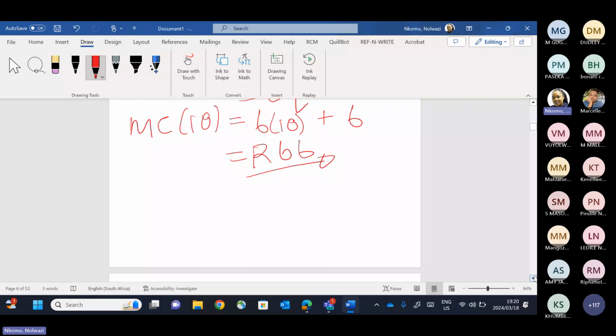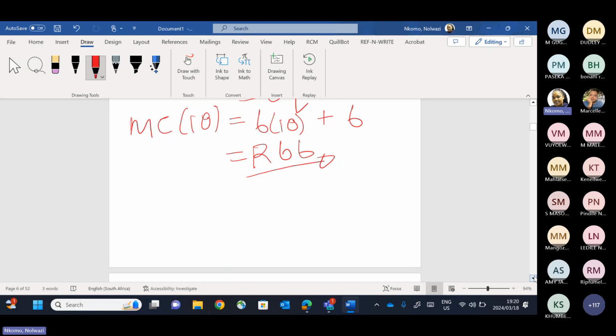Let's move on to another section. Production function. During any production process, inputs are transformed into units of output. Examples of inputs include labor, physical capital, raw material, technology, and many more.